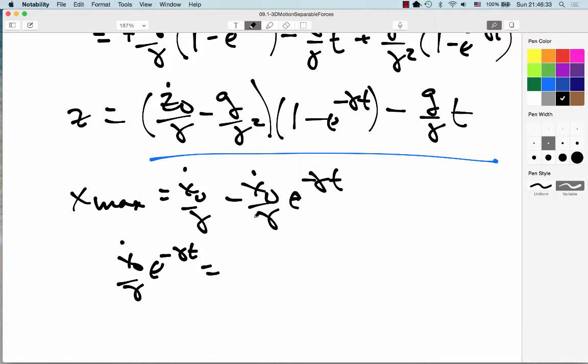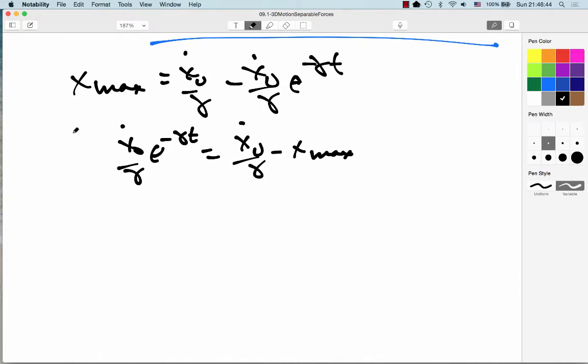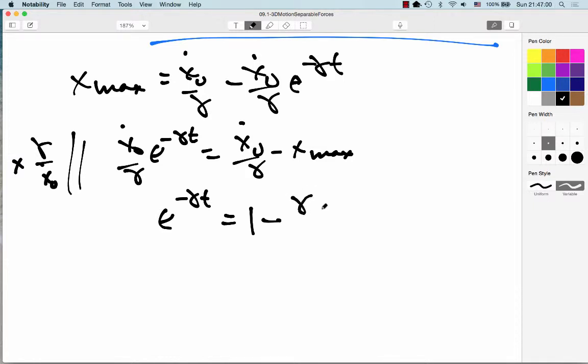Put that over there, bring that over here. X naught dot over gamma minus x max. Okay, we can then multiply both sides by gamma over x naught dot. So that'll give me e to the minus gamma t equals 1 minus gamma x max over x naught dot.